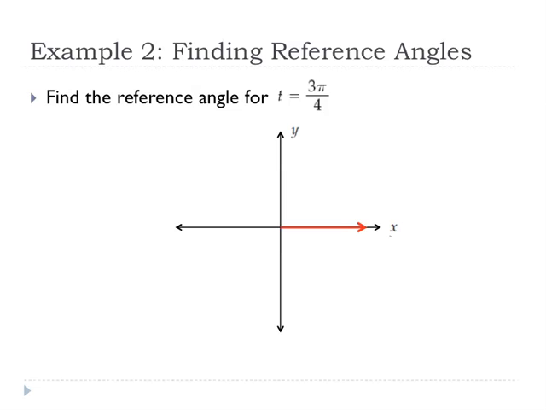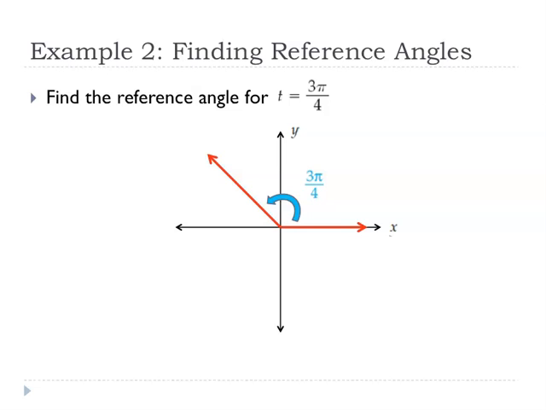Okay, this will take a little bit of time to think about, to start thinking of things in radians, but try to remember pi is half a rotation, 2 pi is a full rotation. Think of the angle measure given to you as a fractional part of pi, so in this case 3/4 of pi, so 3/4 of half a rotation. Okay, that puts us in the second quadrant, so this is 3 pi over 4.